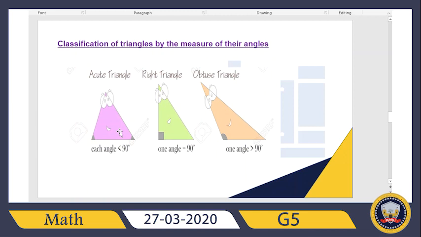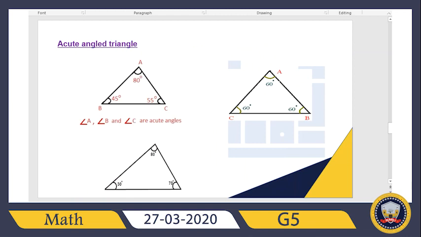Let's see an example first of what the acute angled triangle is and then go back to the next type. We agreed that every two lines intersect each other at a point and inside they create an angle. Here, the first angle is 45 degrees, the second angle 80 degrees, the third angle 55 degrees.